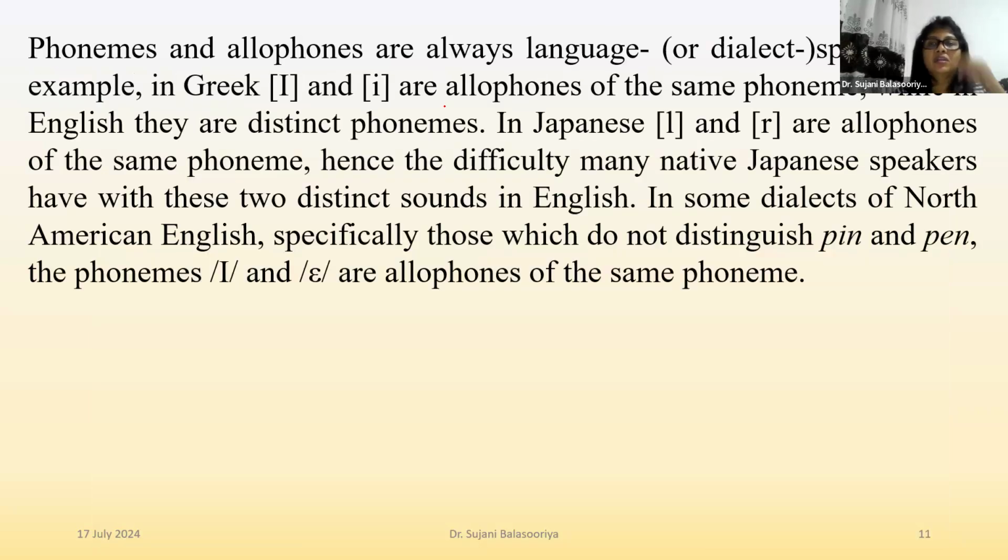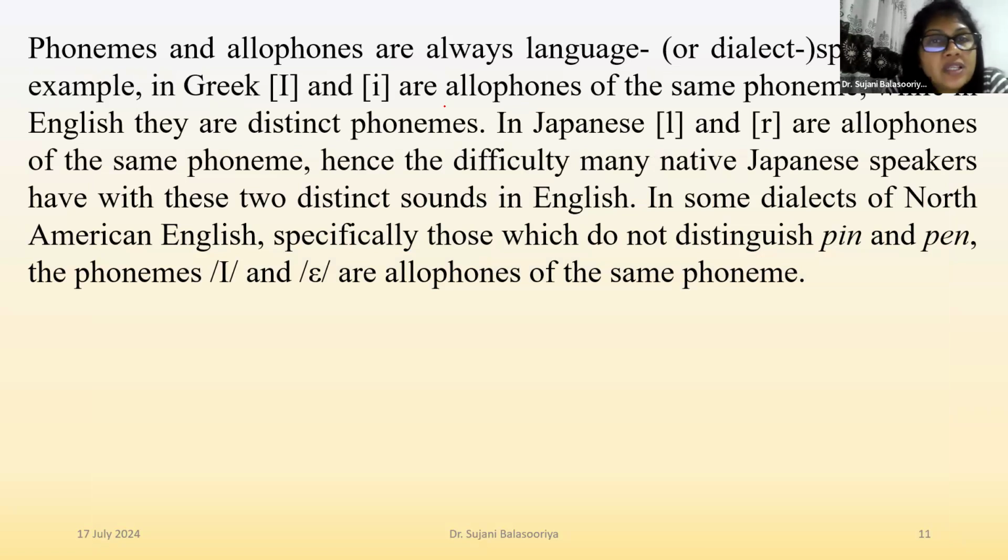Okay. Before we go into the phonemic rules, you have this small area talking about phonemes and allophones. Some common factors, right? Phonemes and allophones are always language specific, language or dialect specific. For example, in Greek, short E and long E are allophones of the same phoneme.